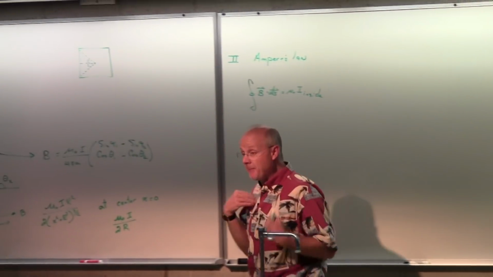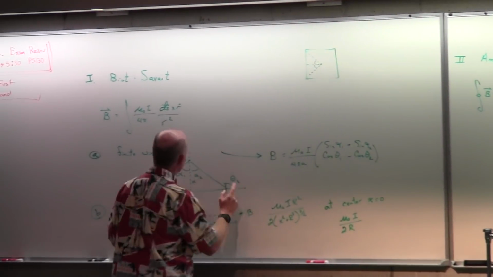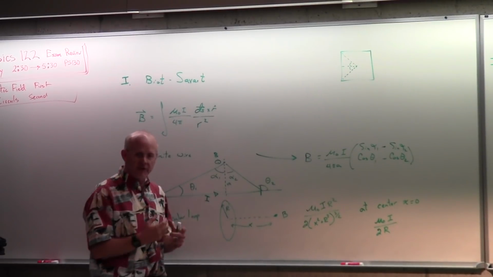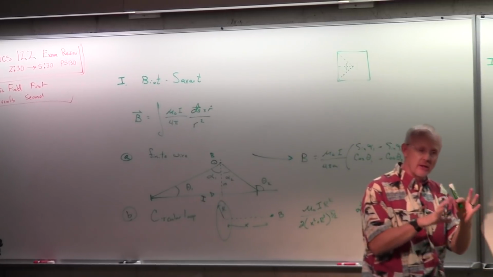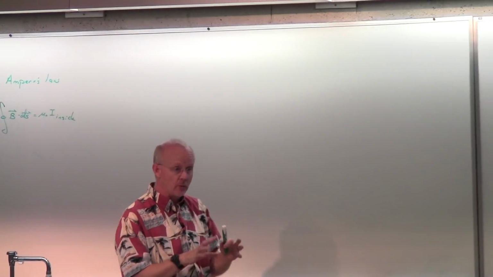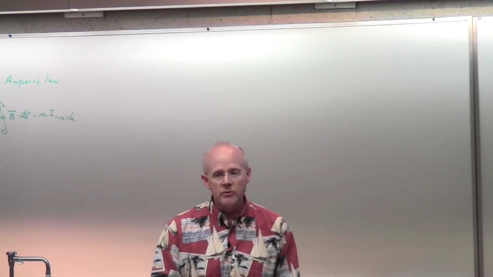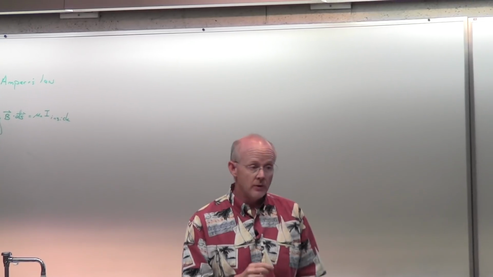Like I said, I personally like the thetas. The alphas are okay. They have an advantage when you are looking at a rectangular loop and you want to find the magnetic field. That's where they really come into their own.